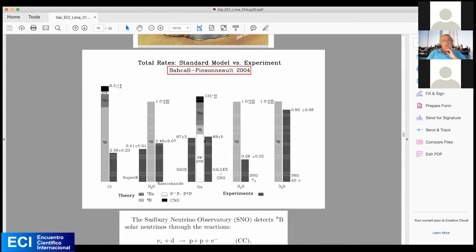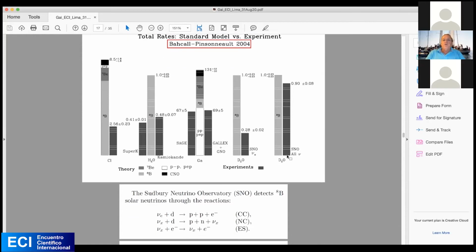And so did all the experiments except for SNO. SNO, when looked at in one way, similar to what chlorine did, reproduced the result of chlorine. So about 1/3 of the neutrinos. Okay? But if it looked another way, it saw the full flux predicted by the standard solar model.